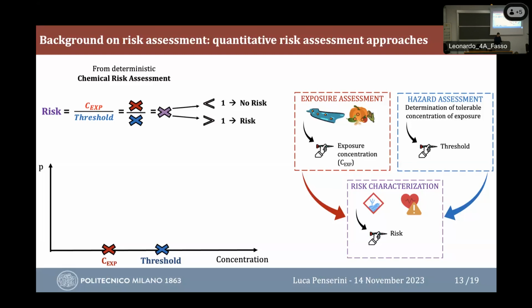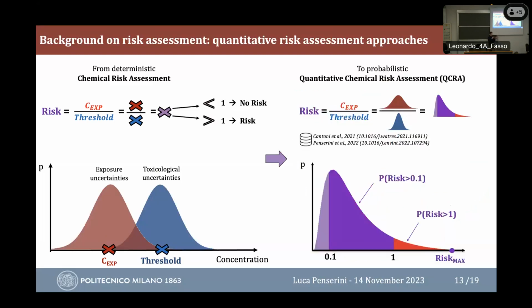What is the next step? It is to move from the single point evaluation to the evaluation of the distribution of points. Here we can see the uncertainties related to the exposure, and here the uncertainties related to the toxicological characterization.